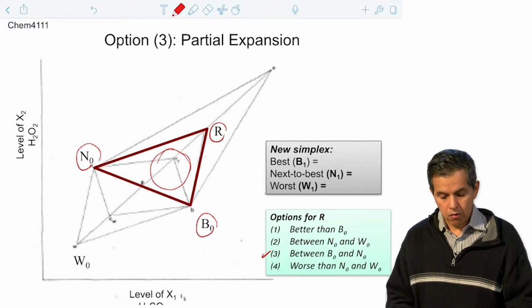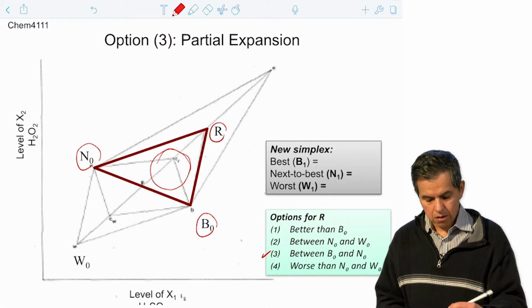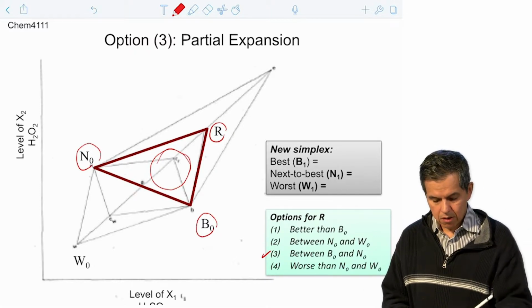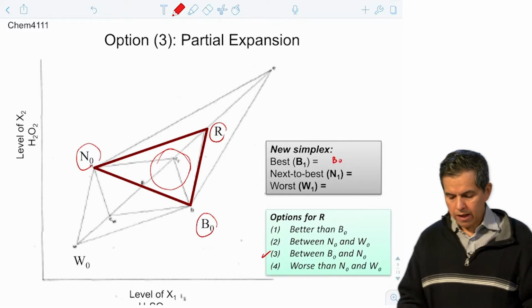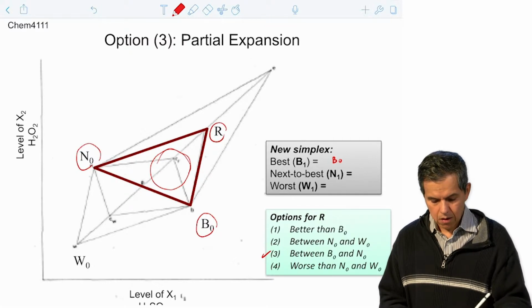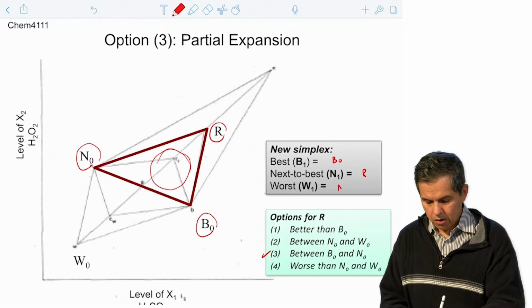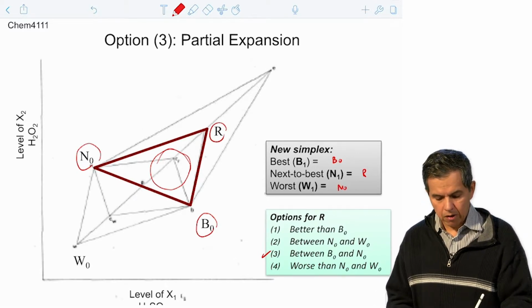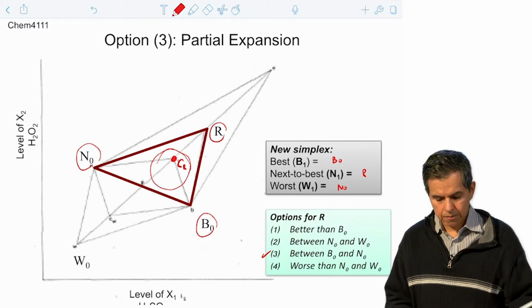We know that in this case, best is still the best condition. The next to best, we don't really know what it is, but it's very likely to be R, and the worst is going to be N naught again. The measurement that we are going to be doing is localized right here. We call it CR again.